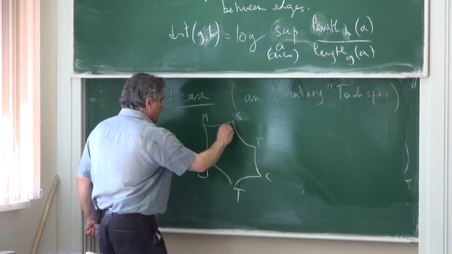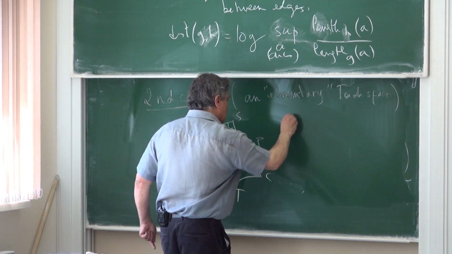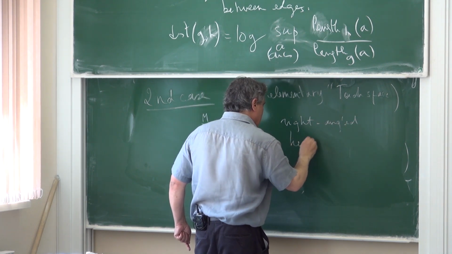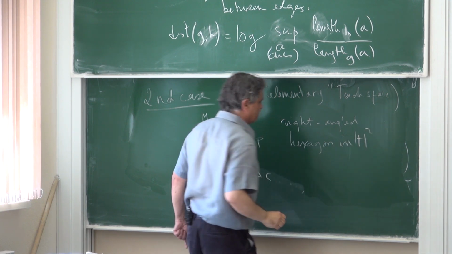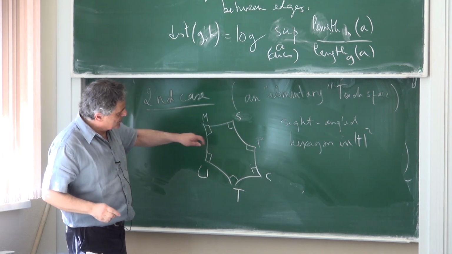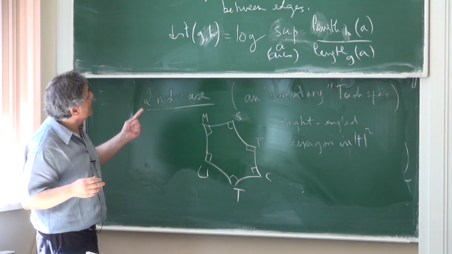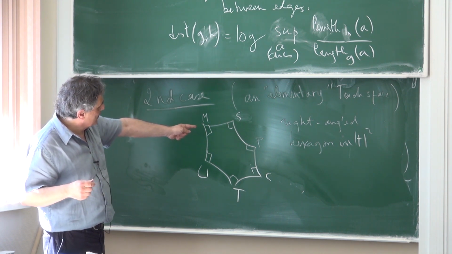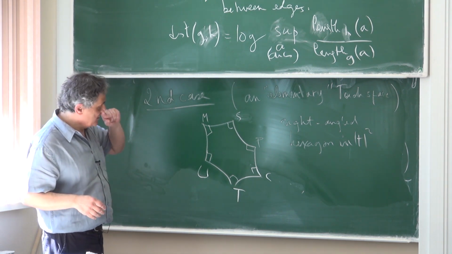This is the case of a right-angled hexagon in hyperbolic space. Again, we have marked the vertices. We take the version of Teichmüller space where you are looking at maps between marked right-angled hexagons. If you forget the marking, then you get the Riemann moduli space, but let's stick to the Teichmüller space.